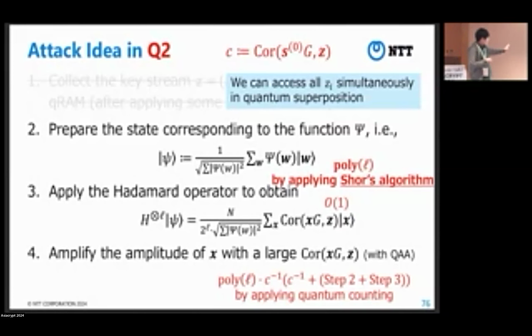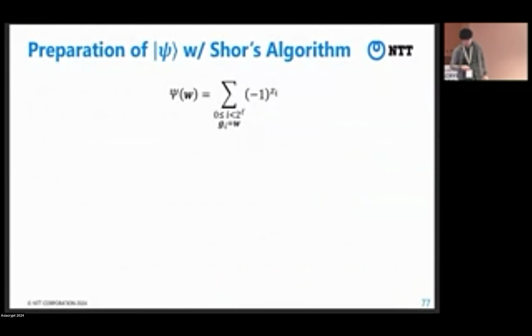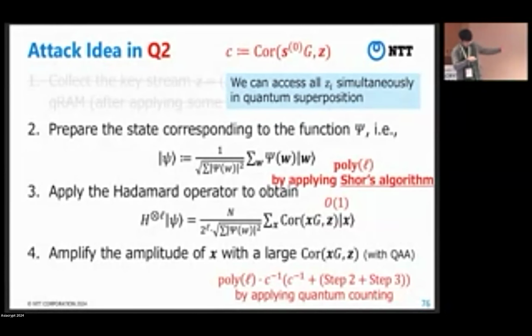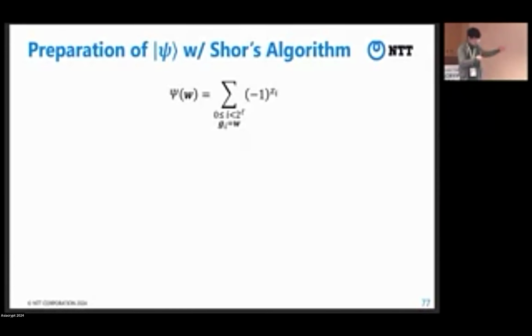In step 2, by applying Shor's quantum algorithm, we can prepare this quantum state with polynomial time complexity. This is the most non-trivial part, so I'd like to explain a little bit more detail. To prepare the quantum state psi, we have to compute this function.